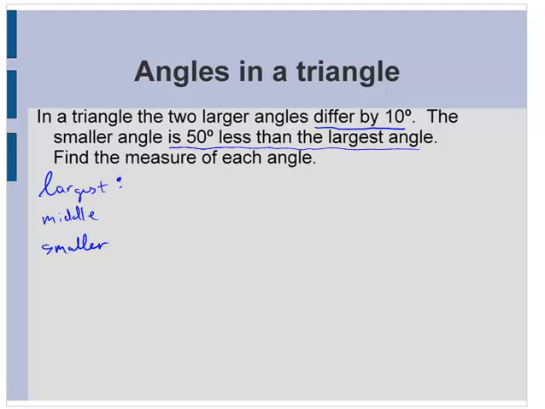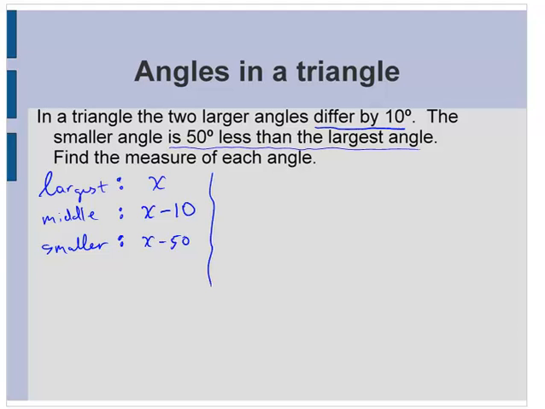So let me call the largest angle x. Since the largest and the middle angles differ by 10 degrees, this angle must be x minus 10. It must be a 10 degree difference, so we have to subtract 10. The smaller angle is 50 degrees less than the largest, so it would be x minus 50.